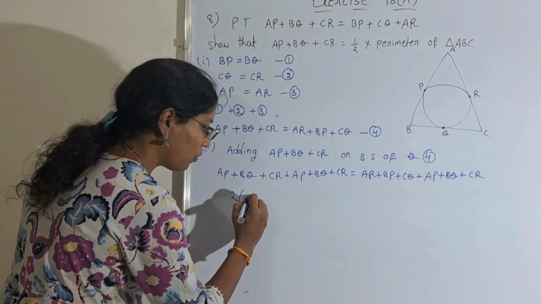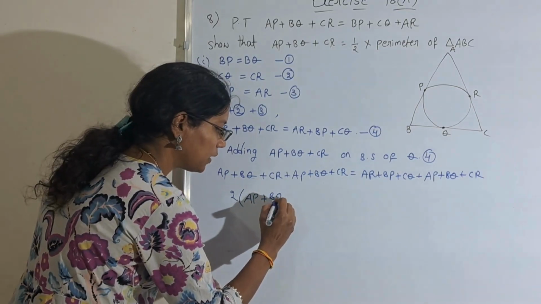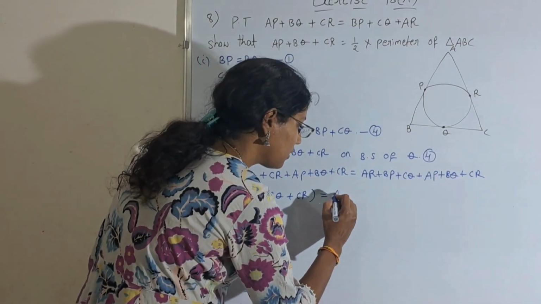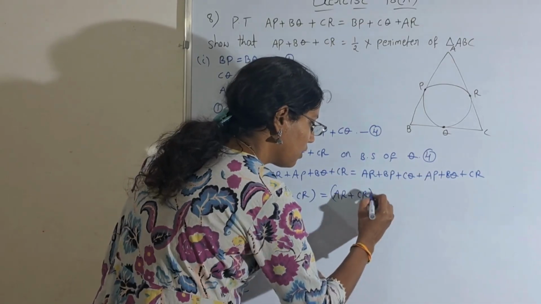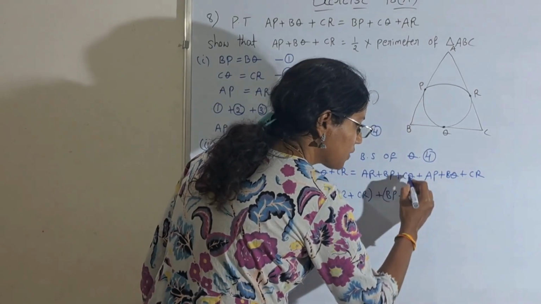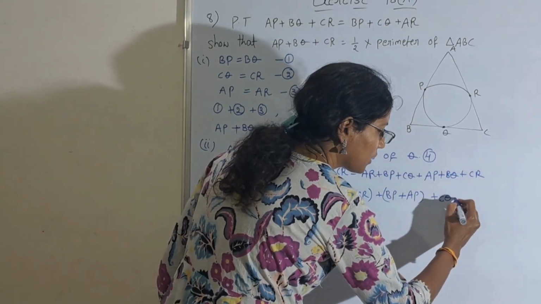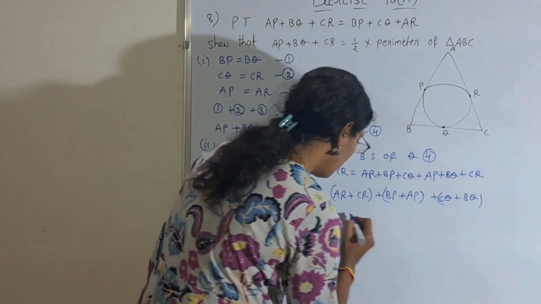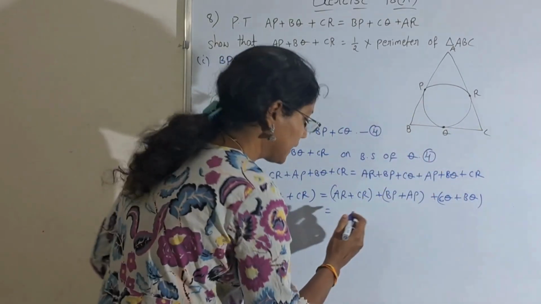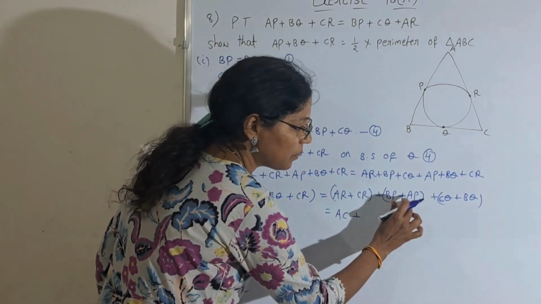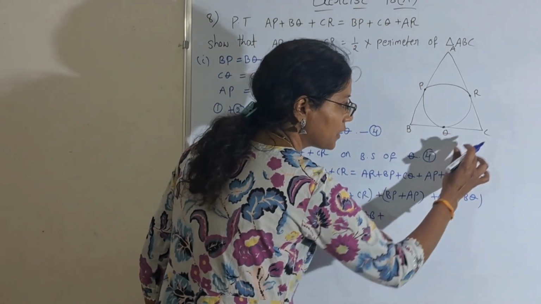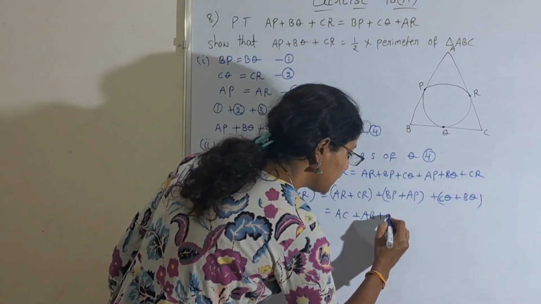So 2 we have to take common. AP plus BQ plus CR is equal to, here AR, CR in one bracket, AR plus CR, plus here BP plus AP one bracket. Next CQ plus BQ is one bracket. We have to observe in the diagram: AR plus CR, total we can write AC, plus here BP plus AP means AB, plus CQ plus BQ is BC.